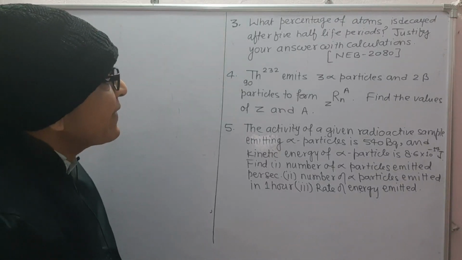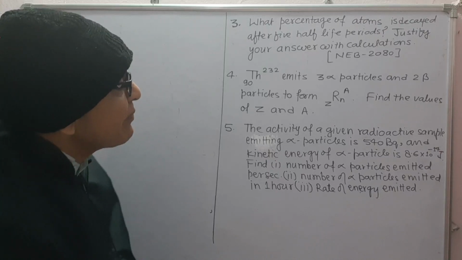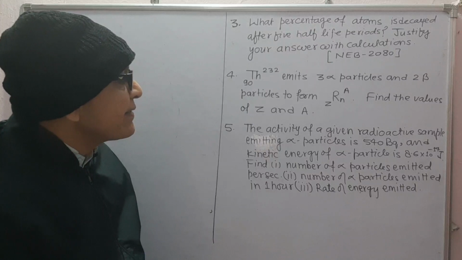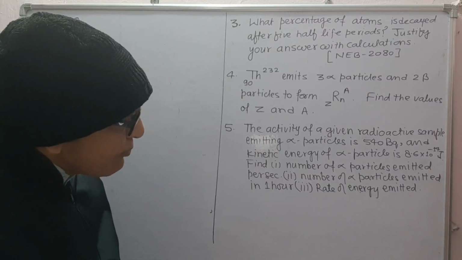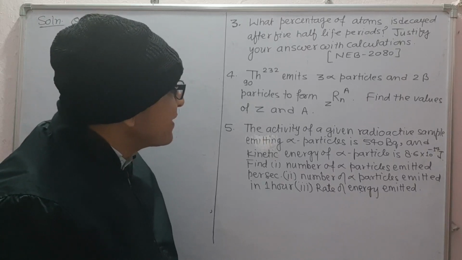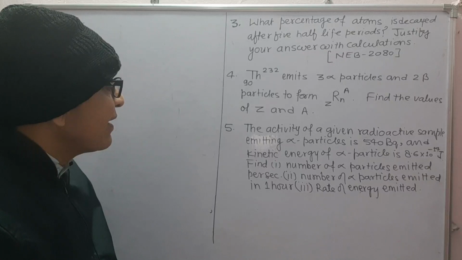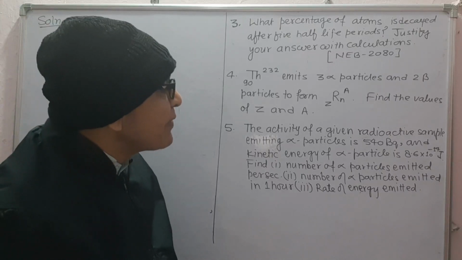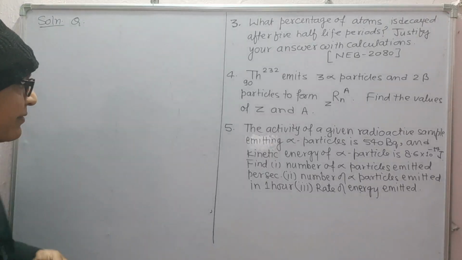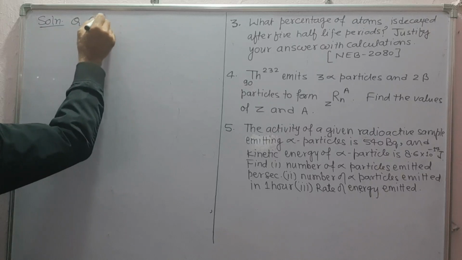The activity of a given radioactive sample emitting alpha particles is 540 becquerel and the kinetic energy of alpha particles is 8.6 into 10 to minus 14 joules. Find the number of alpha particles emitted per second, number of alpha particles emitted in 1 hour and the rate of energy emitted. So, solution to question 5.